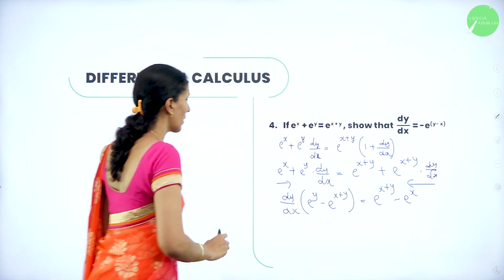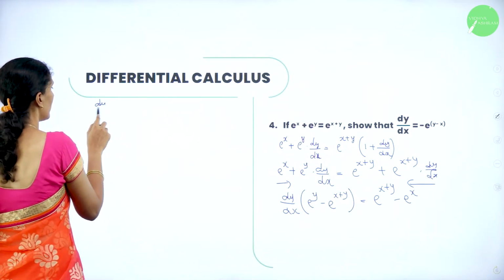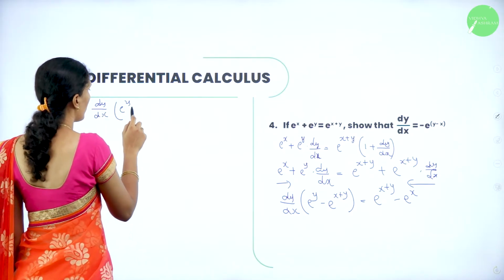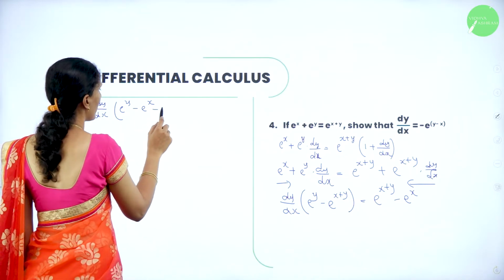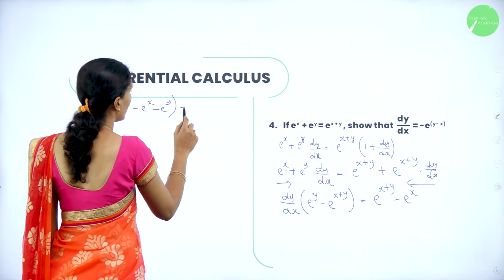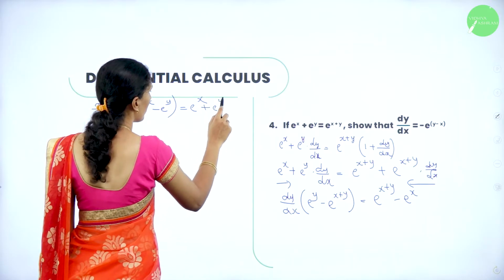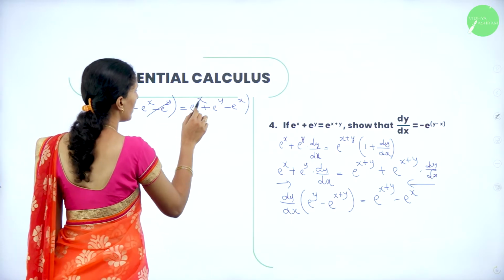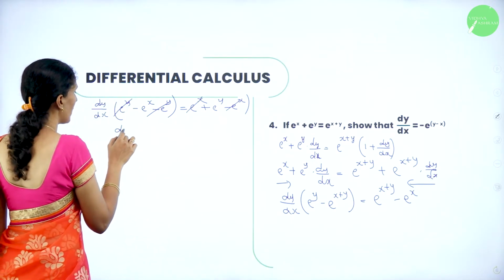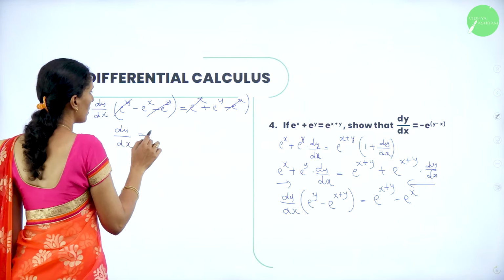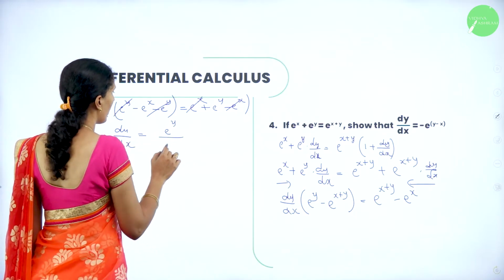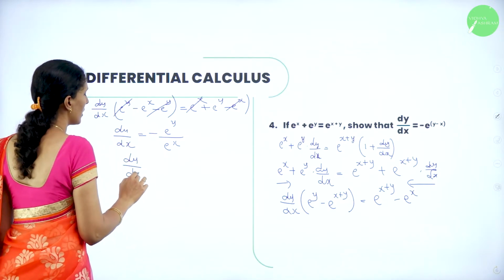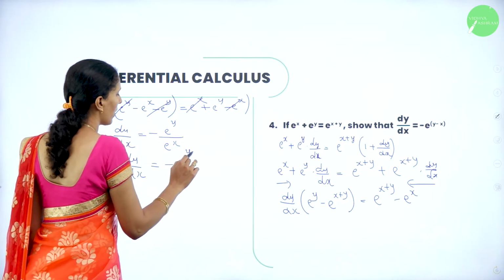So here you can write this as dy by dx, e power y minus e power x plus y, and here e power x plus y minus e power x minus e power y. So you can cancel e power y, e power x here. So dy by dx is equal to e power y divided by e power x and minus. So dy by dx is equal to minus e power y minus x.